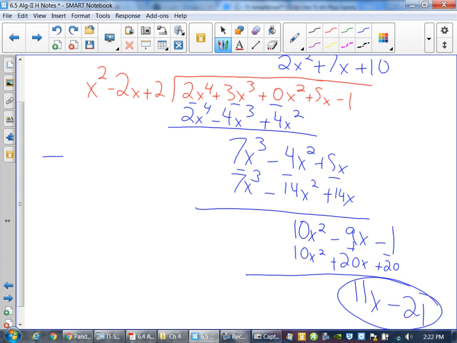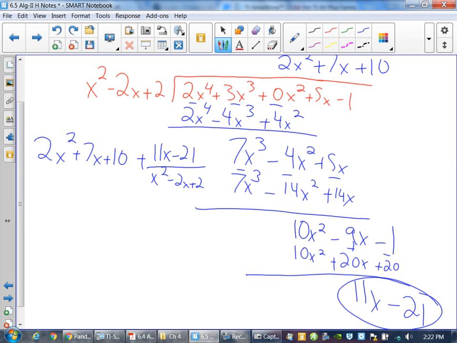Now, when you're dealing with polynomials, we don't just write r 11x minus 21. What we do is we create, just like I did earlier, like the 8/12ths, our final answer actually becomes this: 2x squared plus 7x plus 10 plus 11x minus 21 over x squared minus 2x plus 2.